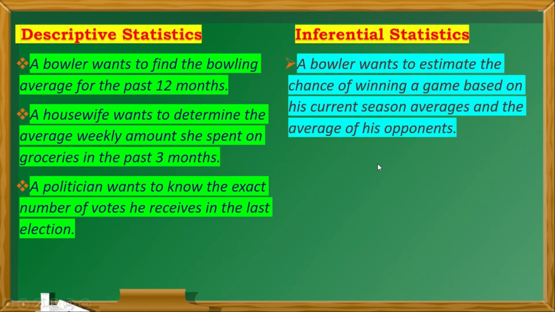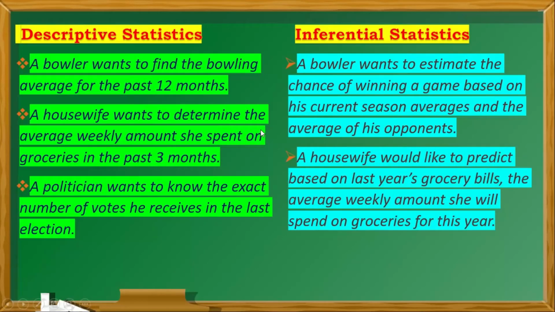Okay? Halimbawa, a bowler wants to estimate the chance of winning a game based on his current season averages and the average of his opponents. So, ginamit mismo yung current season averages niya. Next, a housewife would like to predict based on last year's grocery bills, the average weekly amount she will spend on groceries for this year.